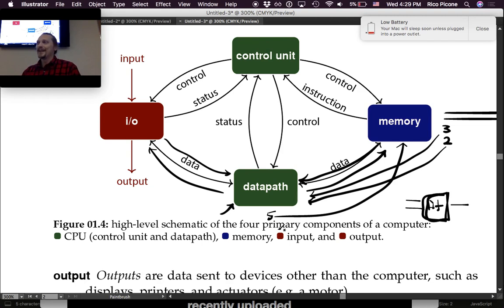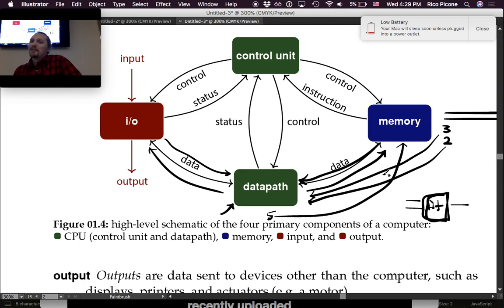The plus happens there; the actual addition or the comparison happens there. So the control unit wouldn't be able to do anything without the data path, but the data path wouldn't know what to do without the control unit. And then they wouldn't have anything to operate on if it wasn't for memory storing the stuff. And we wouldn't know anything about it unless we had output, and there would be nothing to do anything with unless we had input.